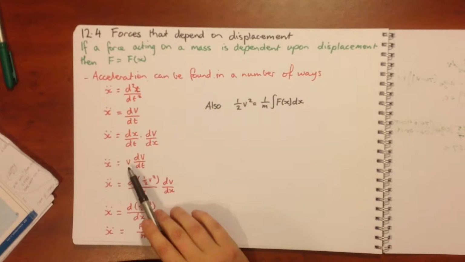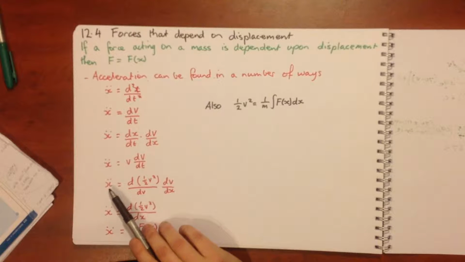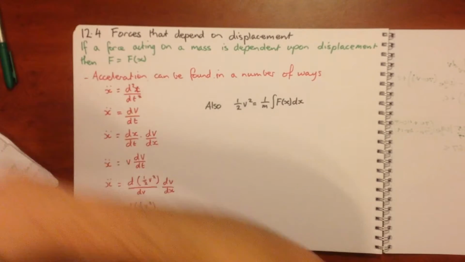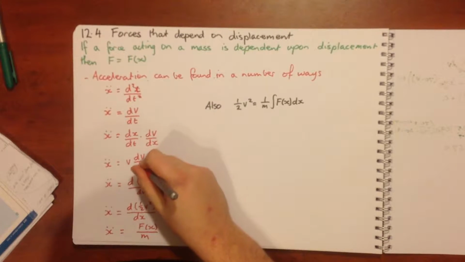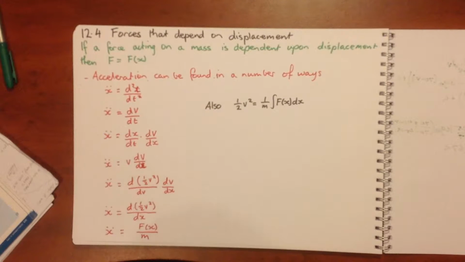We can say that's equal to v times dv/dx. Sorry about that, that's not dv/dt, that's dv/dx. It's also equal to d over dv of half v squared times dv/dx, or it's equal to d over dx of half v squared.